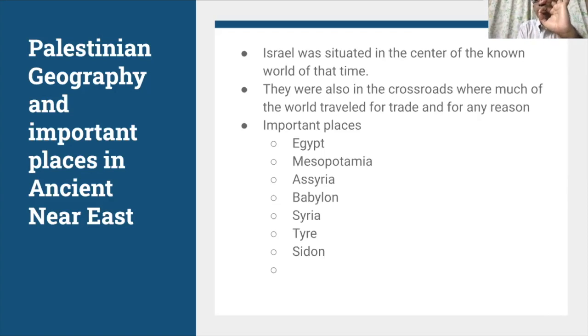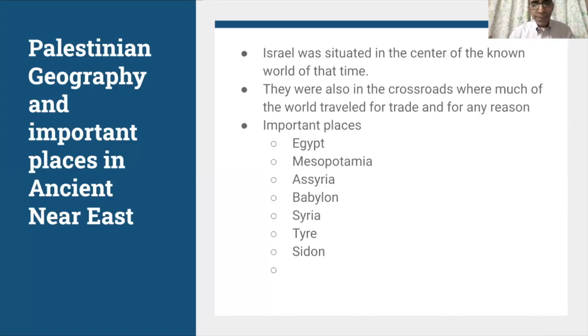Then on the southeastern side, you have Mesopotamia, then Assyria and Babylon. And north of them would be Tyre, Sidon, and Syria. Of course, there are many other nations as well; I'm just naming a few of them. And of course, all of Europe right above that further.